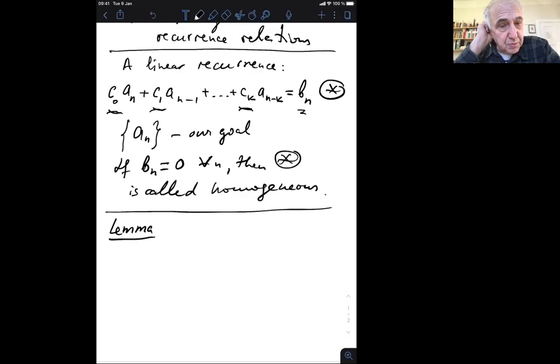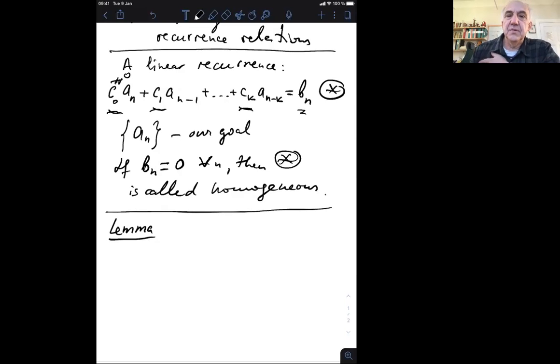These parameters would be uniquely fixed if we specify the first k elements in our sequence, a_1, a_2, and so on, a_k. If we have done that, then using our recurrence and starting from the index k plus 1, we can recurrently define the next coefficient. C0 here should be different from 0. Otherwise, we have a degenerate case.